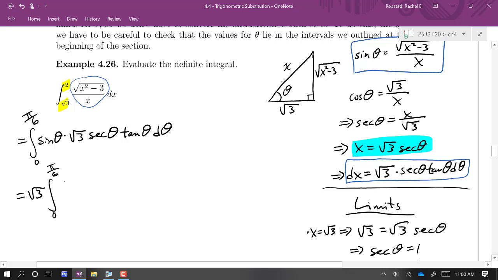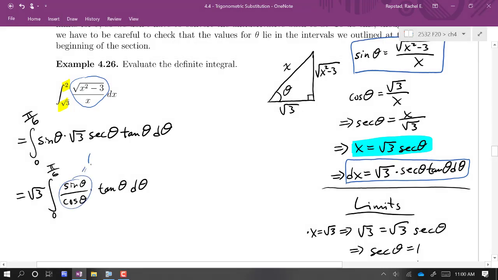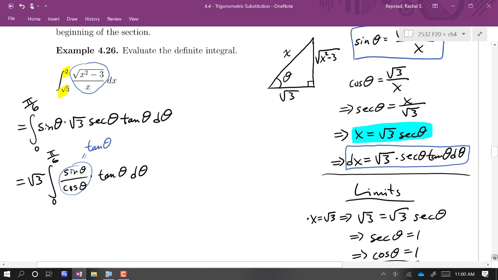Secant theta is 1 over cosine, so this is really sine theta over cosine theta times tan theta. But sine over cosine is equal to tan theta, right? So really what we have is tan squared.